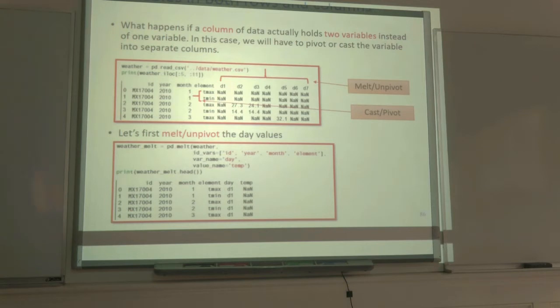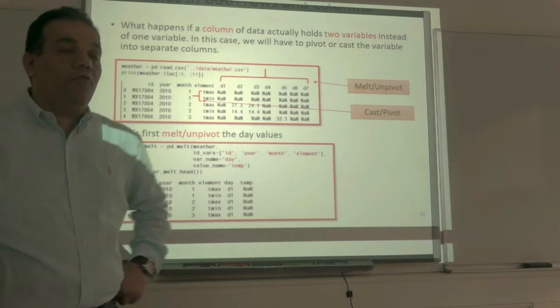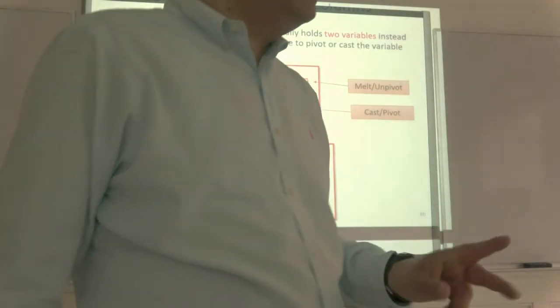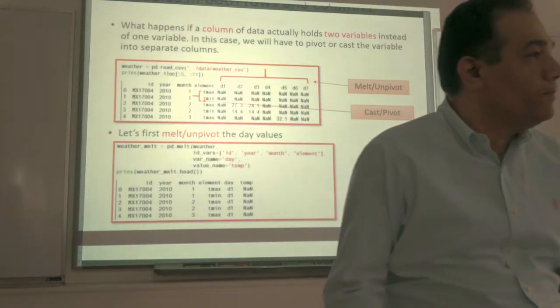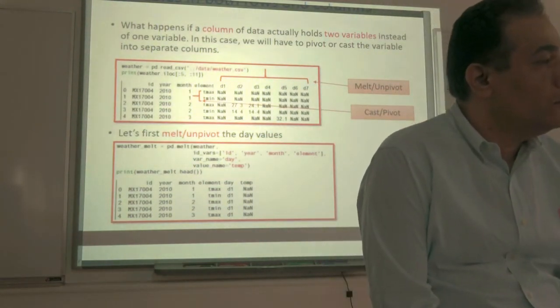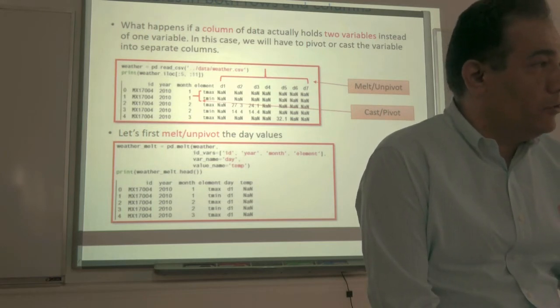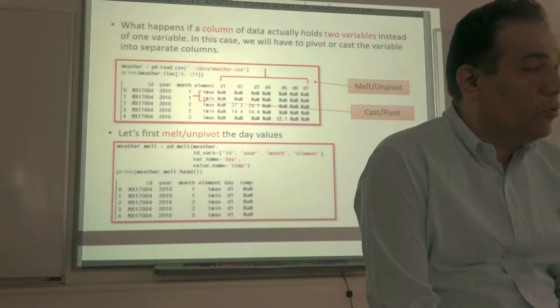All right. The other problem is when we have variables in both rows and columns. So far we solved 2 problems. What is the first problem? That we have columns which are not variables. They are values. So what did we do with them?